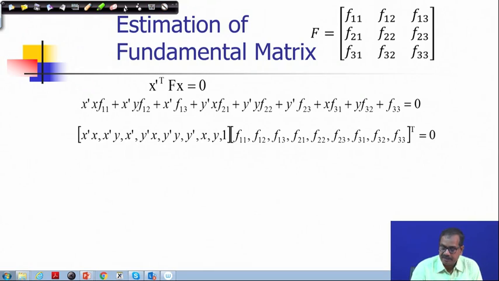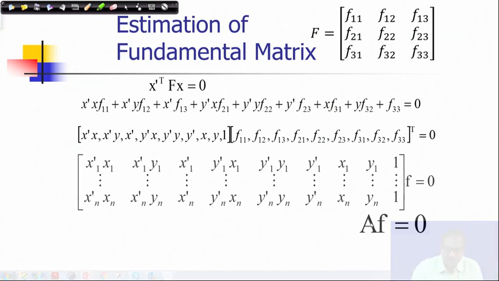So, let me summarize these expressions, because I have also the slide set for this representation. As I mentioned, this is how we represent the system of equations given n pairs of corresponding points, and in our discussion we also mentioned that the elements of f can be retrieved up to scale.